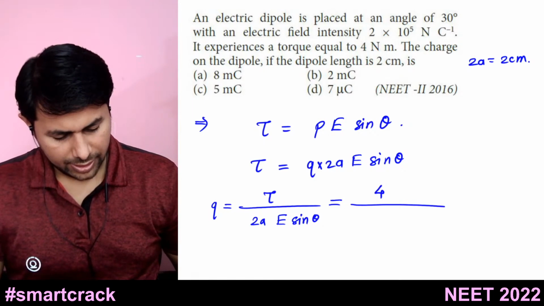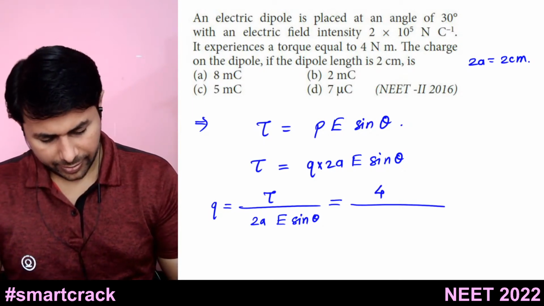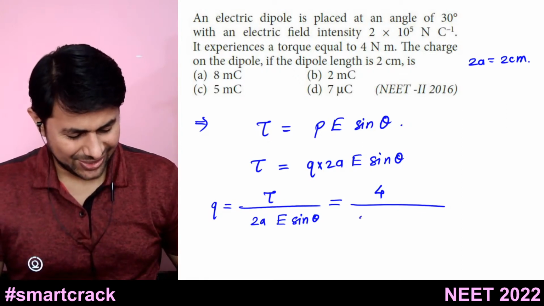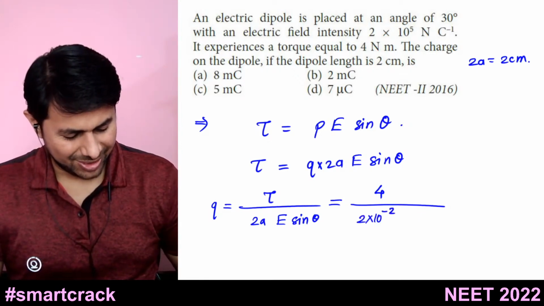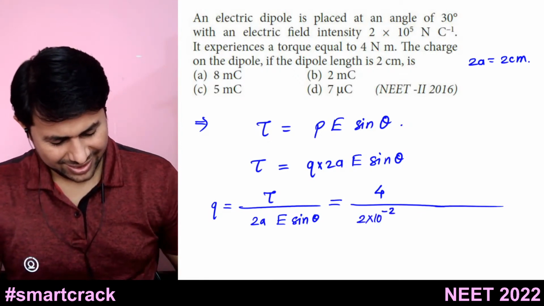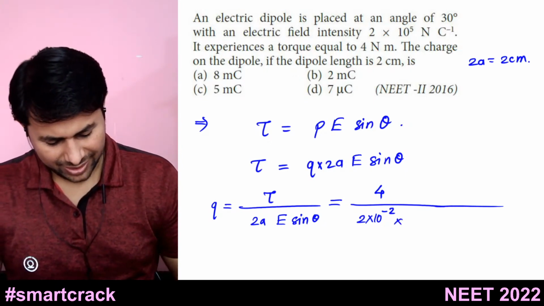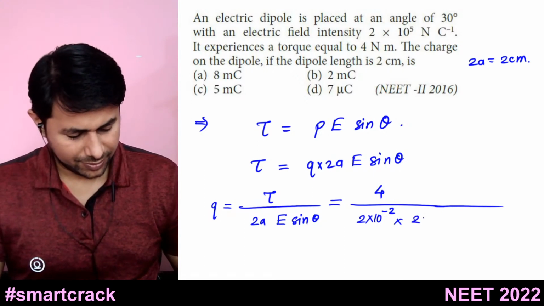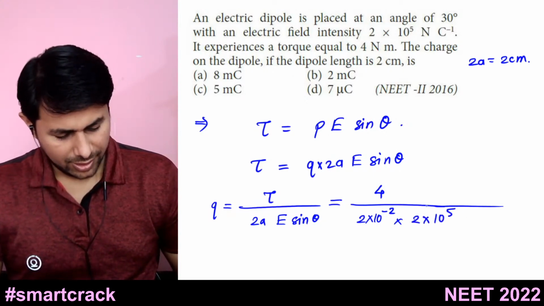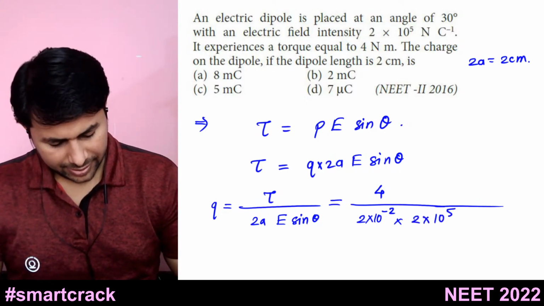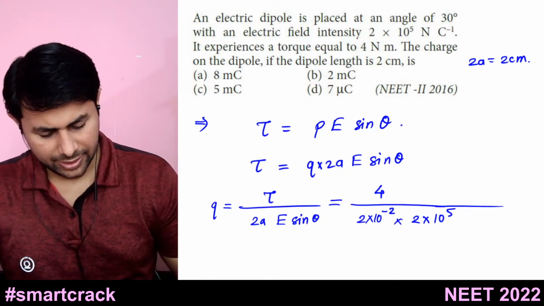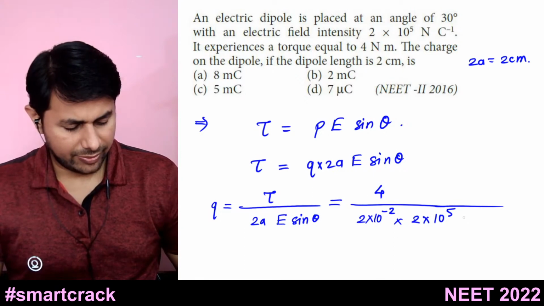So 4 divided by, we have 2a is 2 centimeters, so it is 2 into 10 raised to minus 2 meters, and then we have the electric field, 2 into 10 raised to 5, and sine of theta, where theta is 30 degrees. Sine of 30 is 1 by 2.